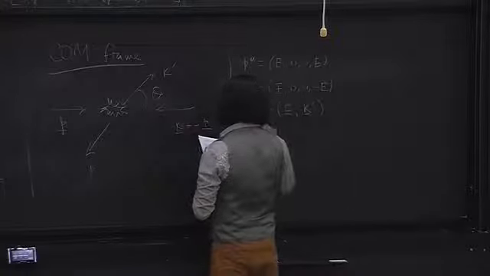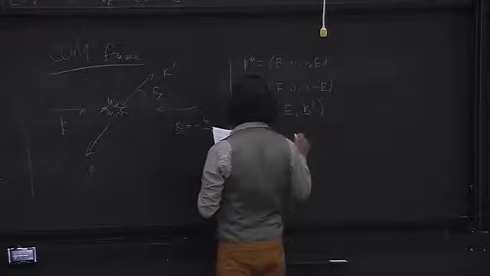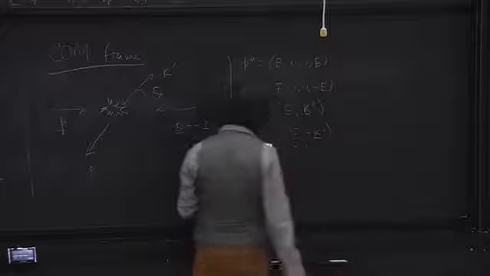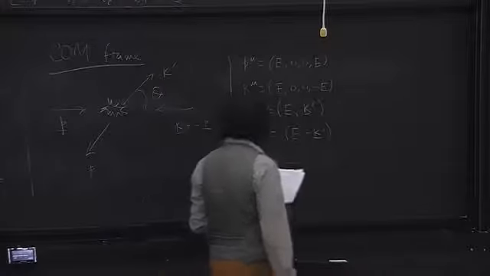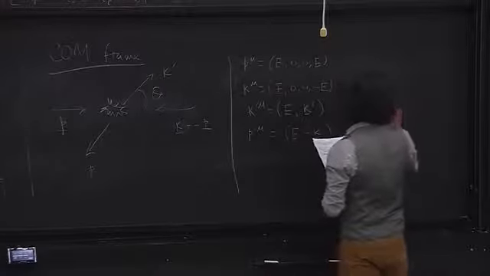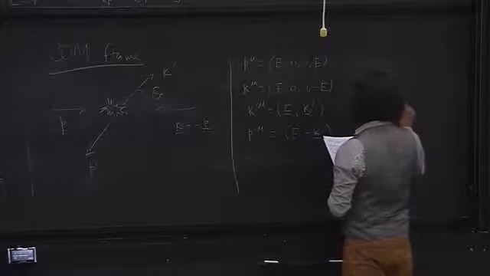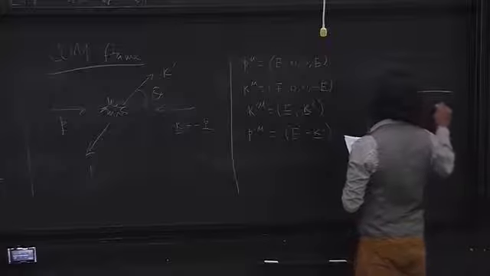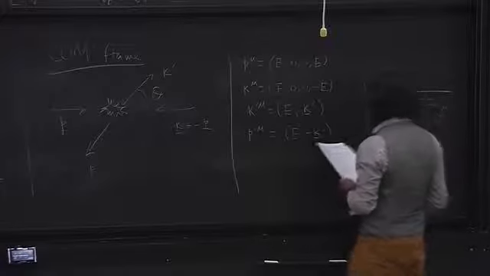And P prime mu, because we're in the center of mass frame, should have the opposite 3-momentum, where, of course, the 3-momentum magnitude is the positive square root of this thing.